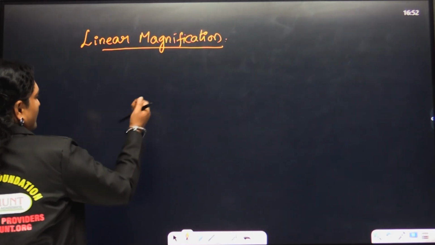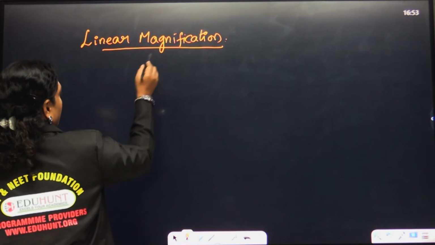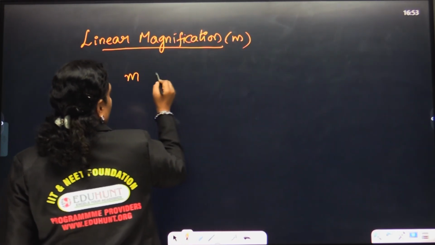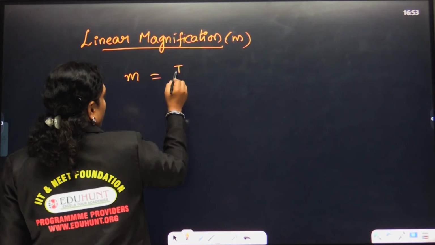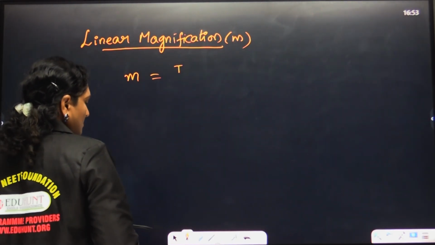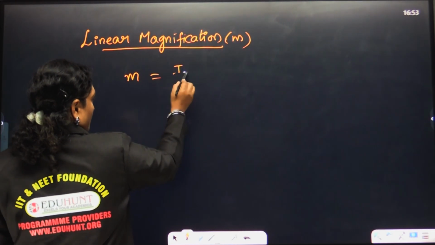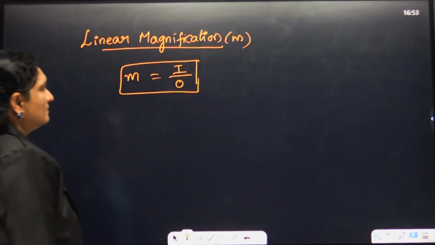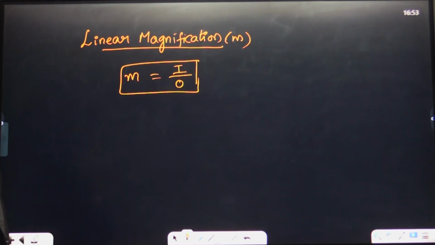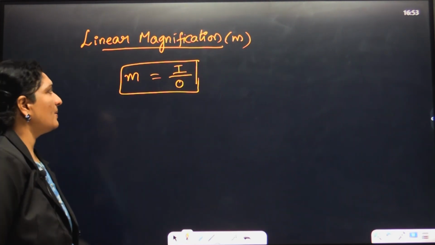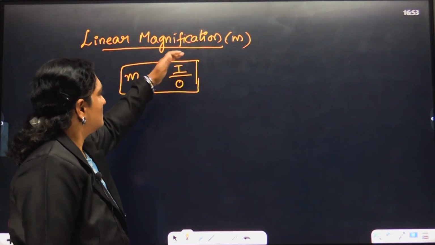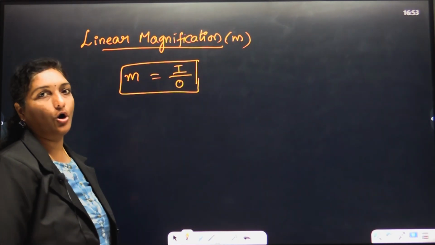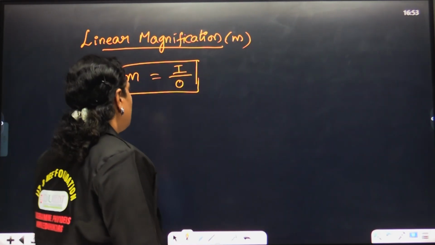Whenever a light ray is reflected from a mirror, linear magnification, indicated with the letter M, is defined as the ratio of the size of the image to the size of the object.